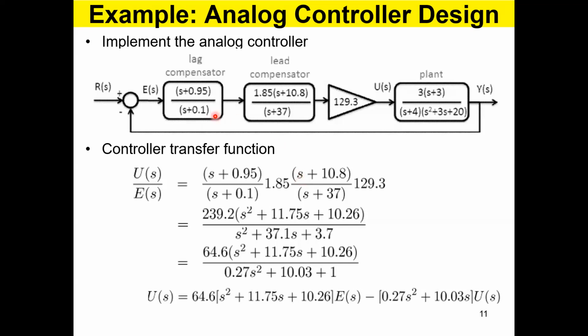And this is the controller we got: 129.3 gain to open the bandwidth to 20 radians, and the lead compensator to get to, I think, 45-degree phase margin. And then in order to improve the steady state accuracy, we designed a lag compensator. So all these three blocks are the controller.